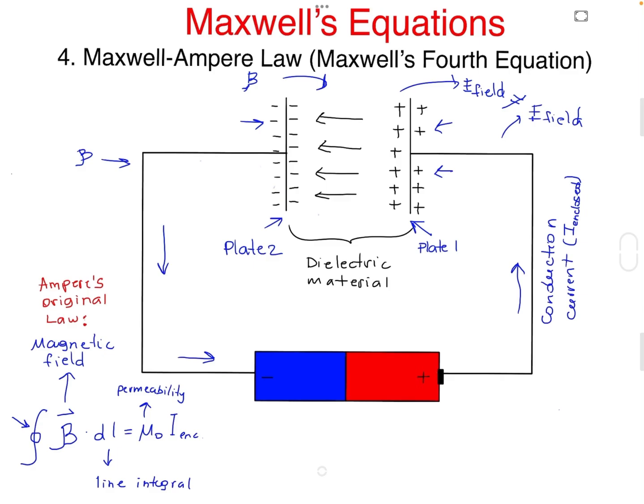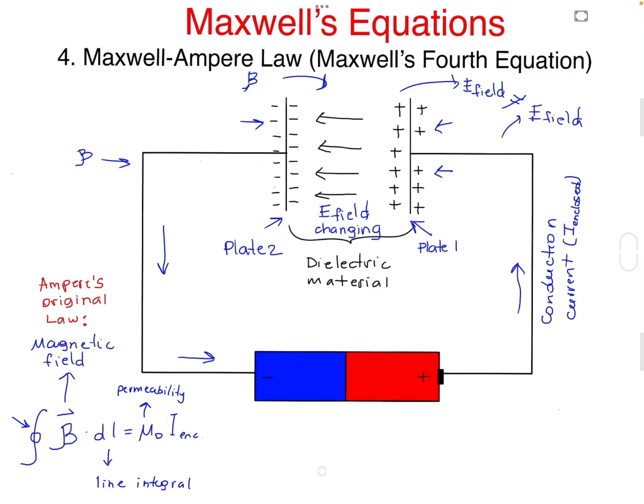So Maxwell realized that this apparent gap in current actually corresponds to the changing electric field between the plates. So this electric field that I wrote, it is changing. It is not stable. This electric field is changing between the plates. He introduced the concept of displacement current.